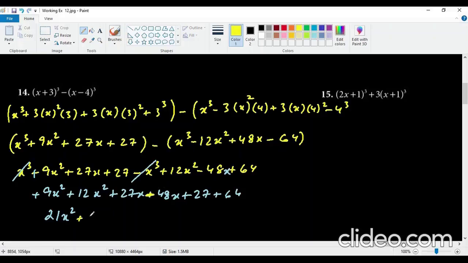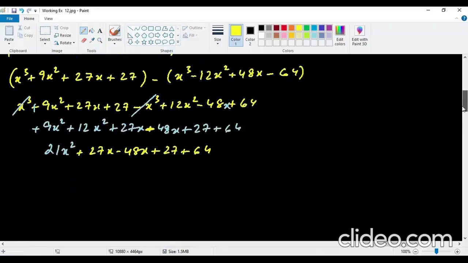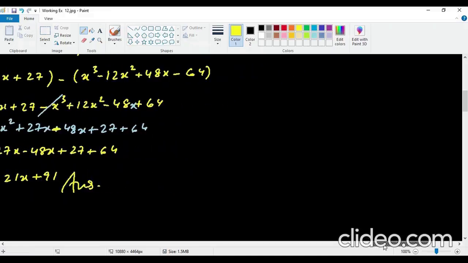So plus 27x minus 48x plus 27 plus 64. So finally, this is going to give us 21x square and minus 21x and plus 91 as an answer for this question.